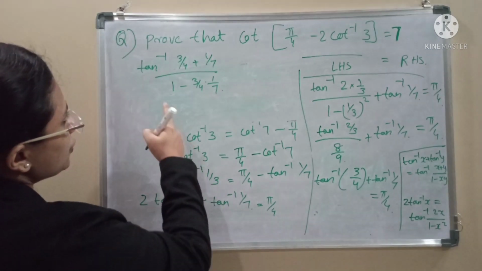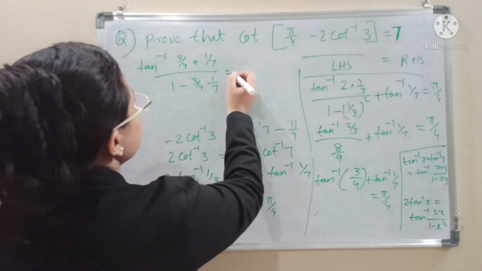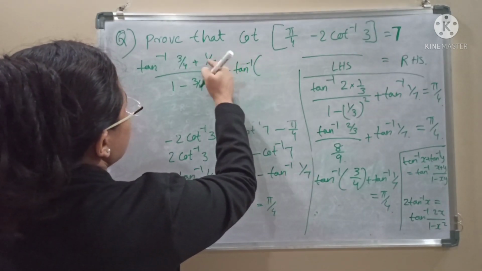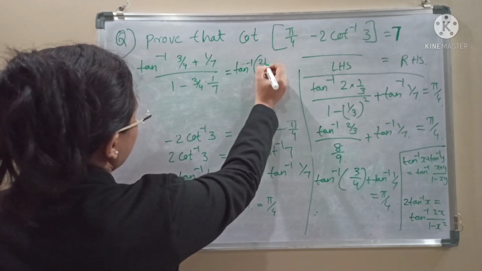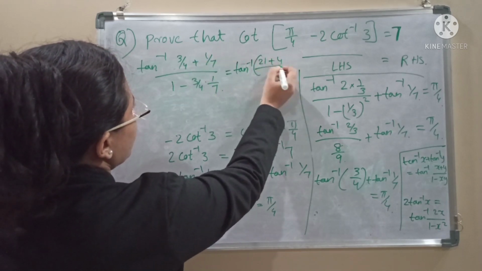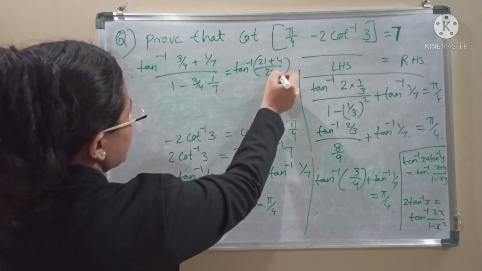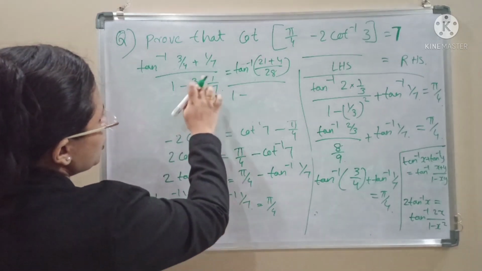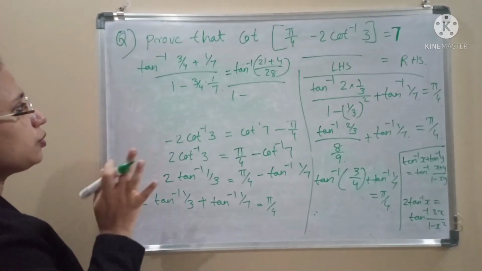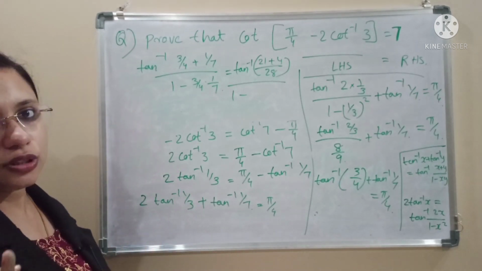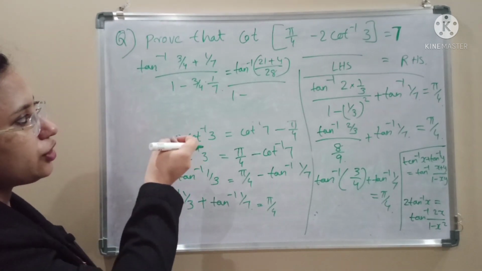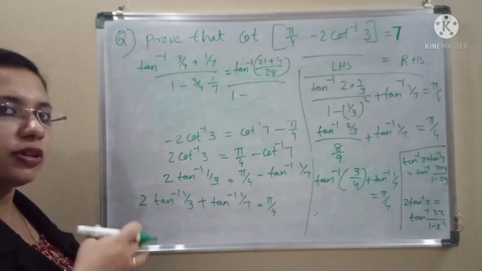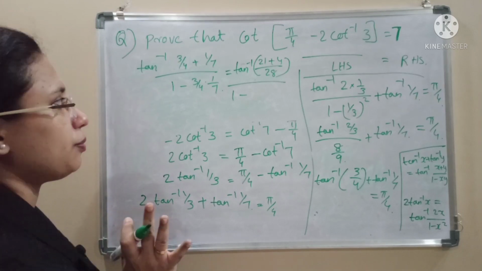Clear? So this can be written as, again cross multiplication, tan inverse of 7 times 3 is 21, 4 times 1 is 4, divided by 7 times 4 is 28, divided by 1 minus... First do the multiplication, then the addition or subtraction. Even though it is addition or subtraction, if there is a division or multiplication coming along with that, do the multiplication or division first.